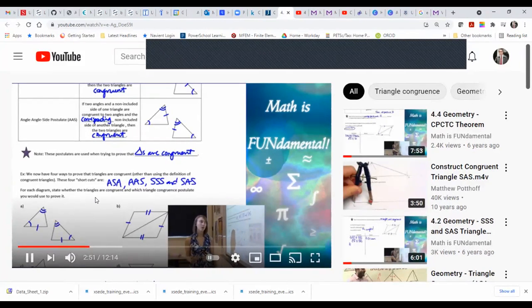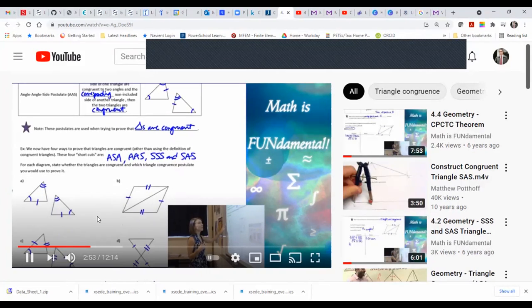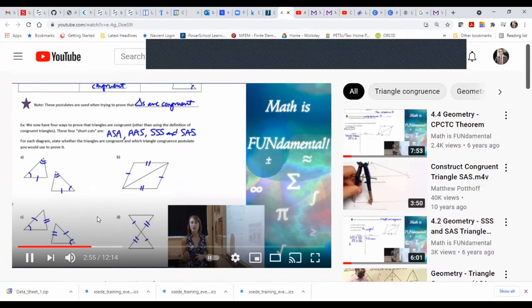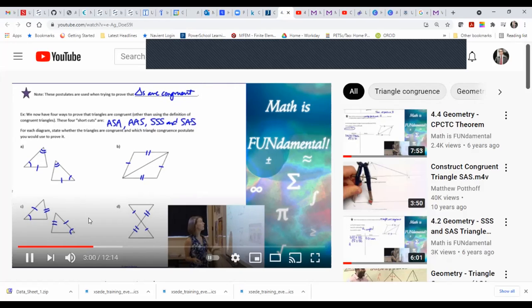So here are the 4 things we can look at now when we're trying to figure out why two triangles are congruent to each other. All right, so for each one of these diagrams, we're going to figure out, can we decide?